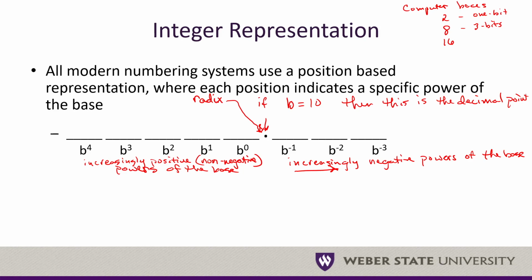I honestly have not seen octal used for quite some time. If I were to hazard a guess, I haven't seen octal used this century. And then 16, this is 4 bits, so 2 digits for a byte of data.